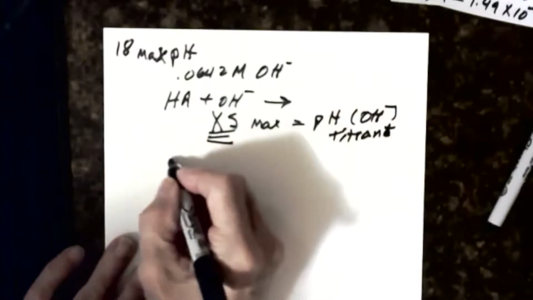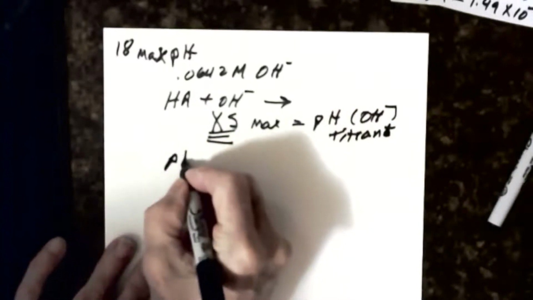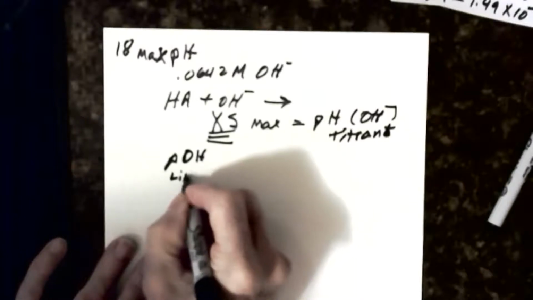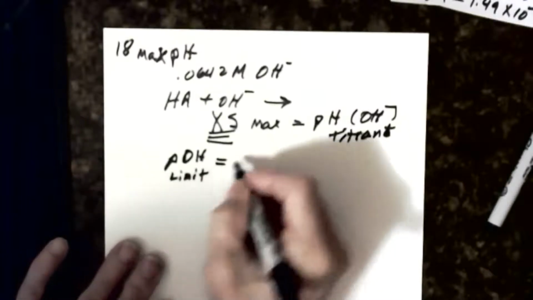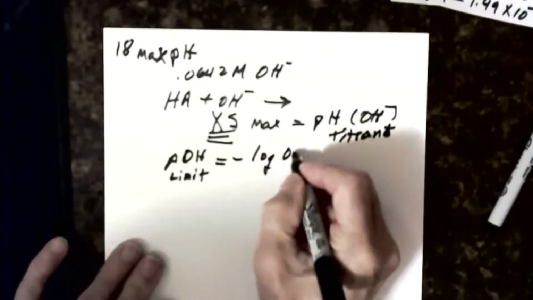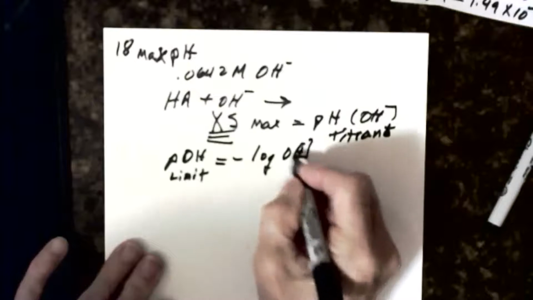What you've added to do the titration. So in this case, the pOH limit is going to be minus the log of the OH minus concentration.